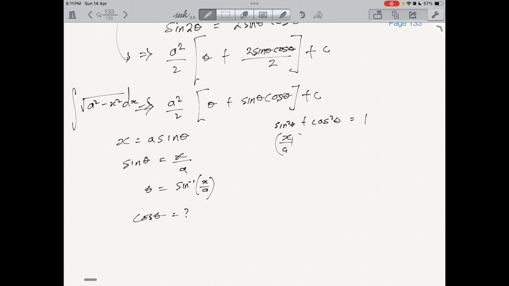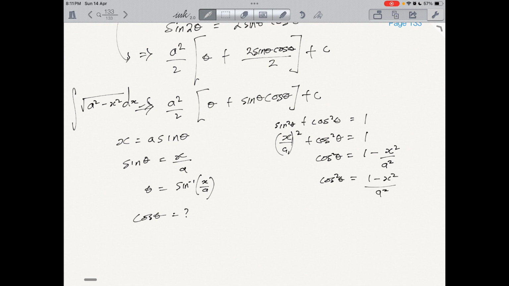And we know we are looking for cos squared theta, and this is 1. Therefore, cos squared theta is equal to 1 minus x squared over a squared. Factorizing this now, taking the LCM, cos squared theta is equal to (a squared minus x squared) divided by a squared.